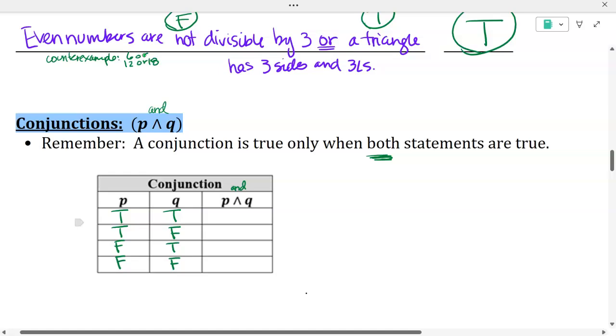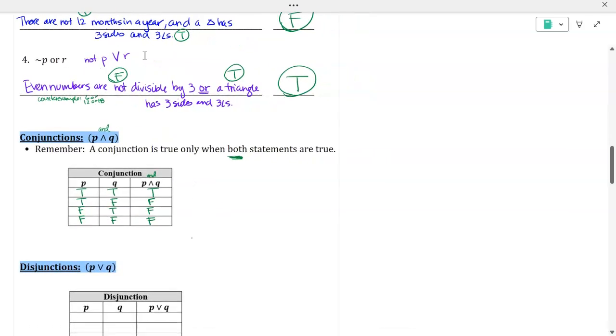So here we have P and Q are both true, so the overall conjunction is true. In the next row, the P is true and the Q is false, so the overall conjunction is false. The next one, we have one false and one true, so the overall conjunction has to be false. And then lastly, we have both of our P and Q are false, which means our overall conjunction is false.